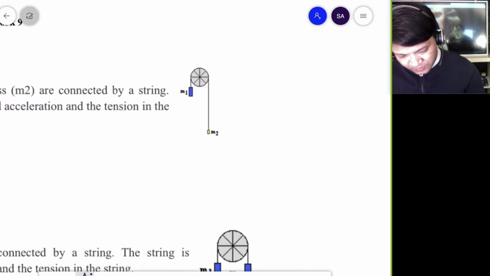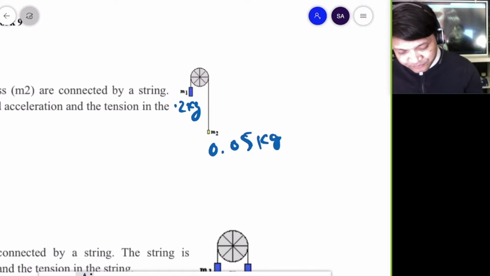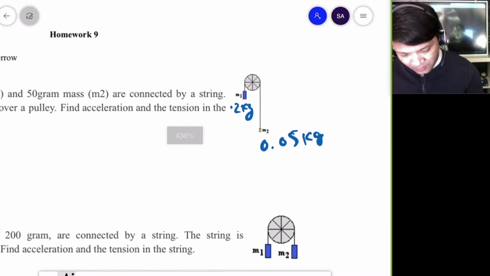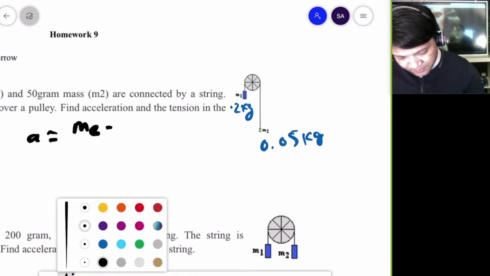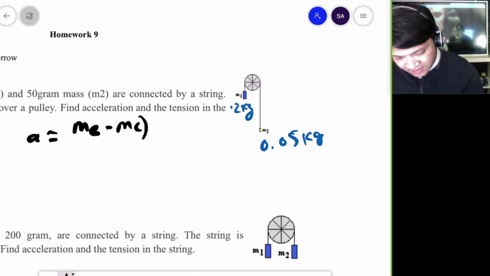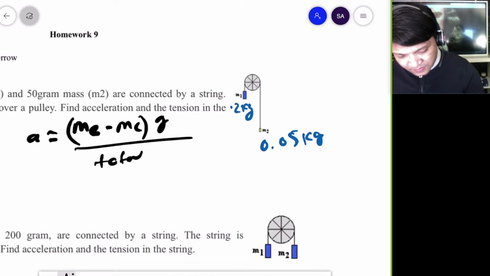I just don't want it to be too crowded. 0.2 kilogram, and this is 0.05 kilogram. We want to find the acceleration. The acceleration formula is very simple: acceleration is m1 minus m2 multiplied by g over the total mass.